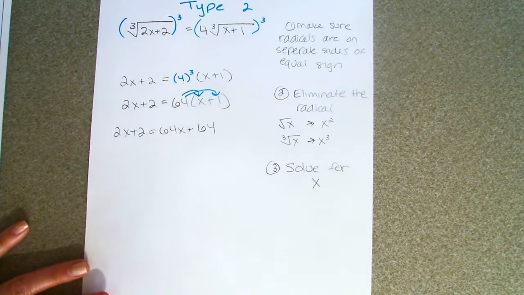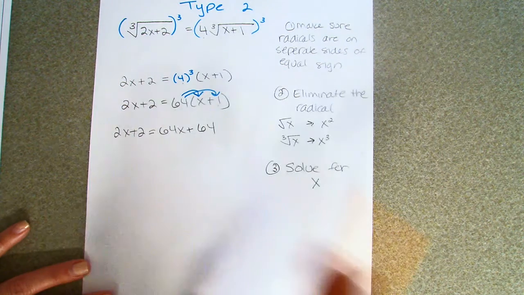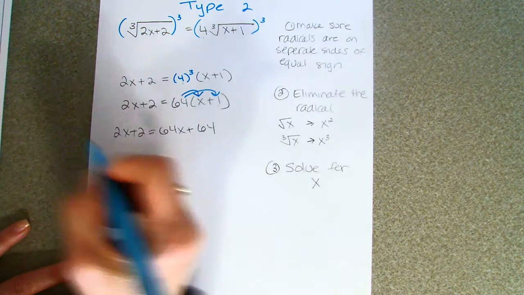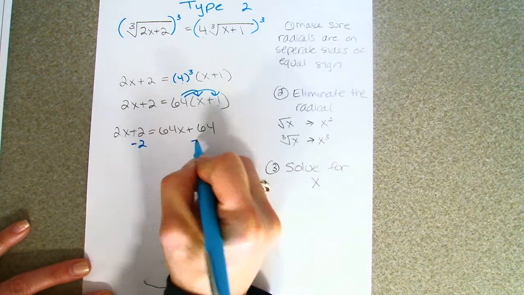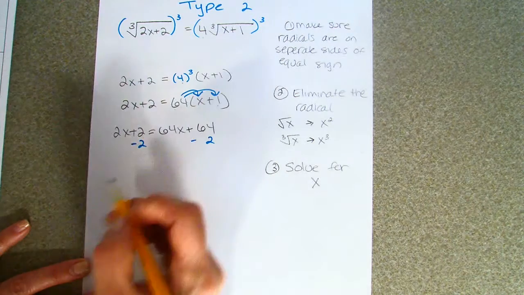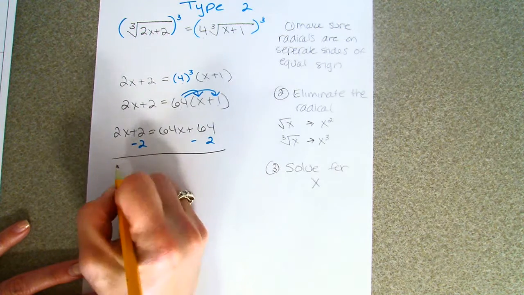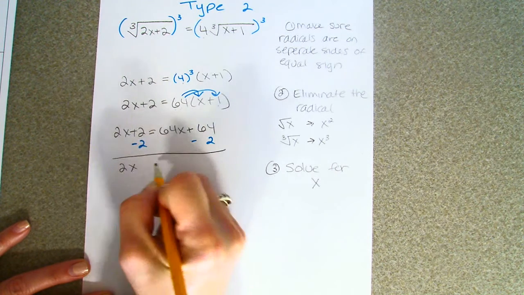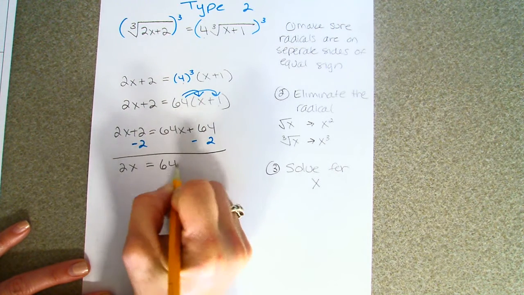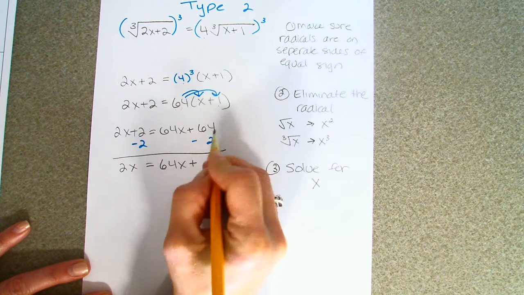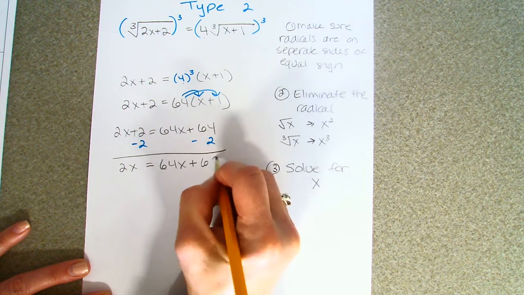I'm going to move my x's to the left and my integers to the right. So I'll start by just moving the 2. A minus 2 on both sides. Notice I did the minus 2 under the 64 because it doesn't have an x. They're like terms. So I've got 2x equals 64x plus 64 minus 2 is 62.